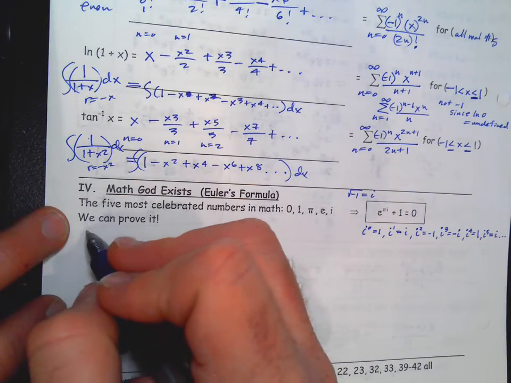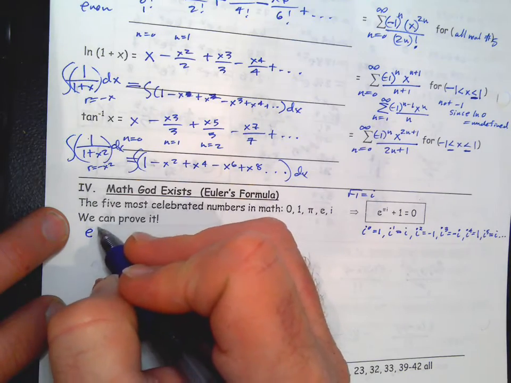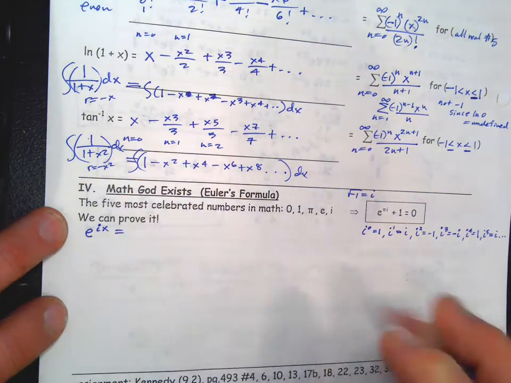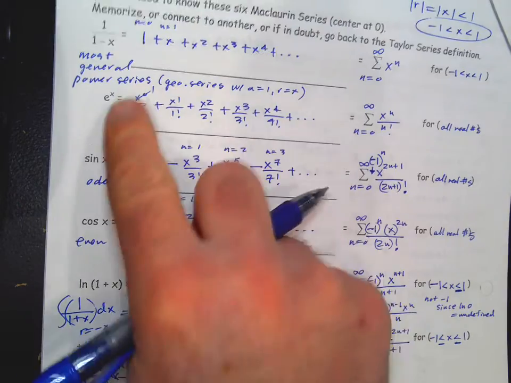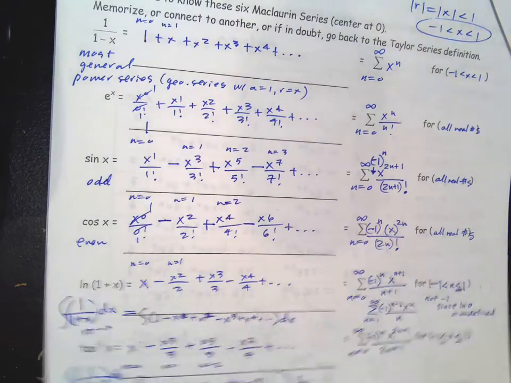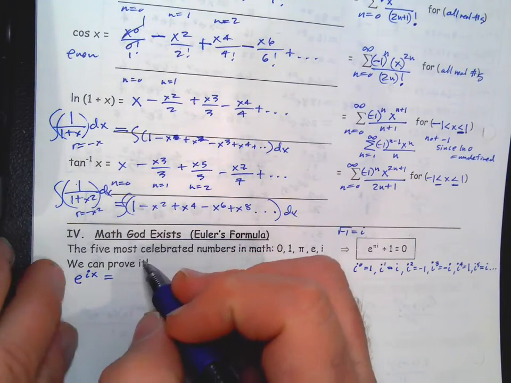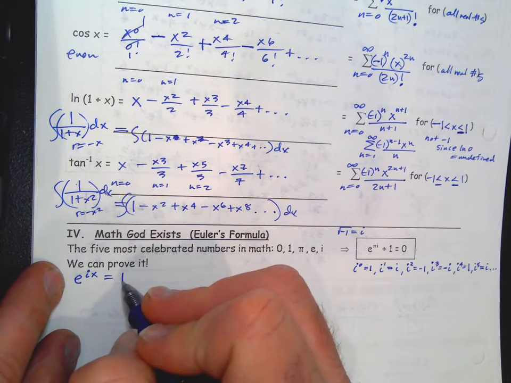Now, I want to use series. So e to the ix. Let's write that series out. That's the same thing as e to the x that we have up here, but replace all the x's with ix. So the first term is 1, that doesn't change.